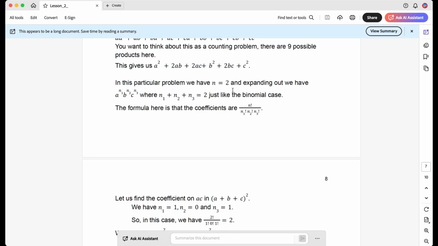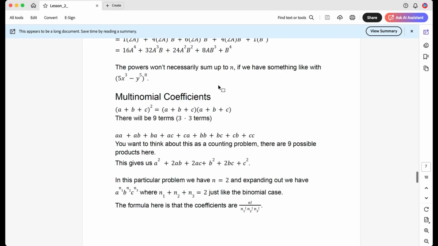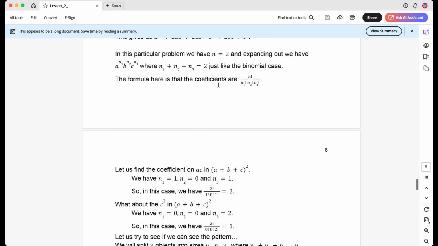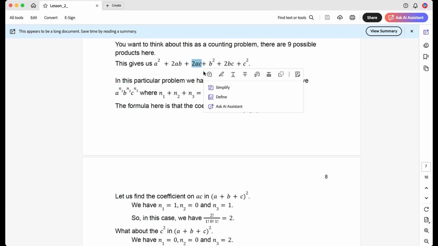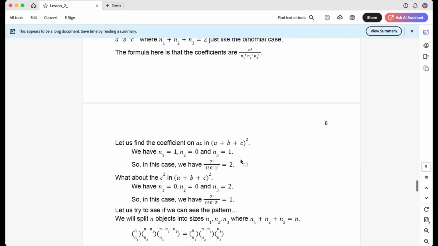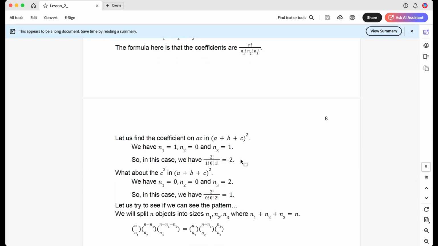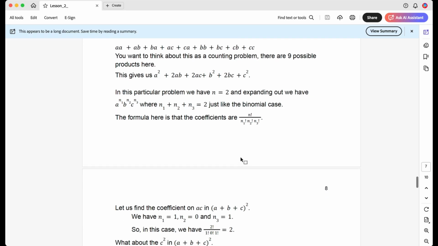Which is what we had in our expansion here. We were trying to find the coefficient of AC, which was 2. What's the coefficient of C squared? Well, we saw from above that the coefficient of C squared is 1.